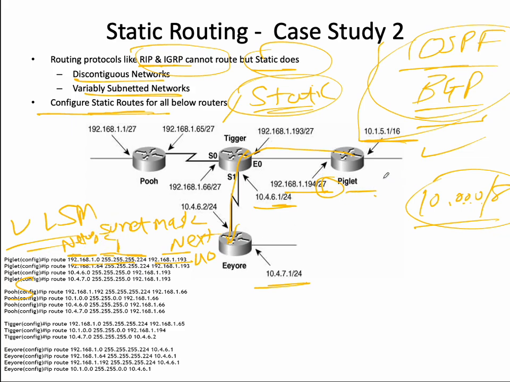So in Piglet, you see IP route. Basically, you configure the network. If you want to reach 192.168.1.0, who is your next hop? Your next hop is this guy. If you want to reach any network like 192.1.64, that's /27, you forward it this way.